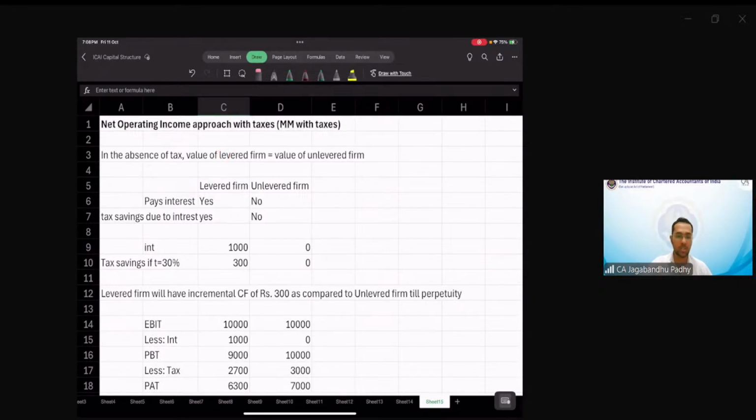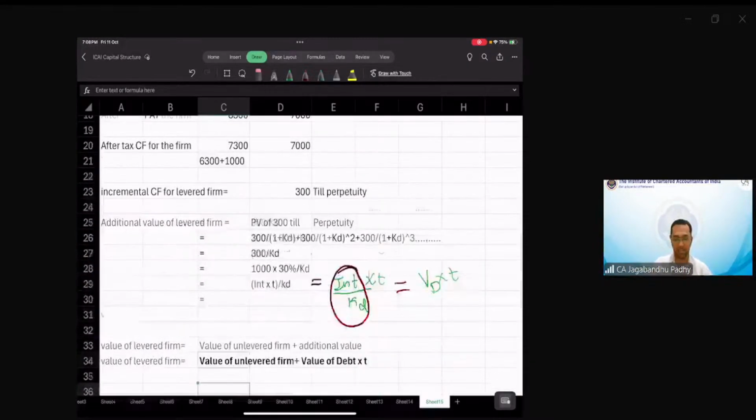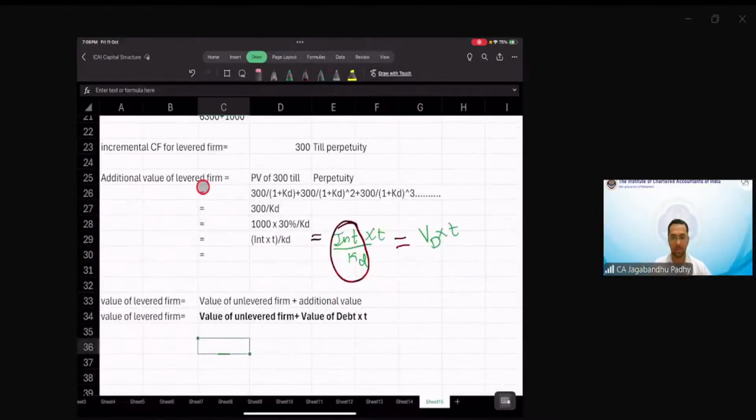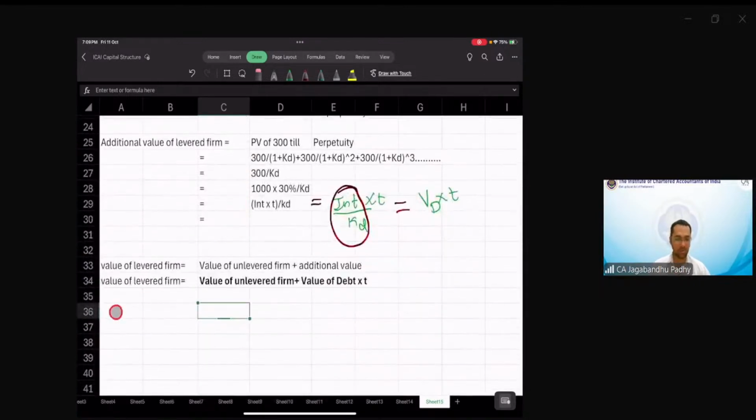But now due to the additional tax saving, you have an additional cash flow coming to you as compared to the unlevered firm. Due to that, the value of a levered firm is going to be something additional to the unlevered, and that something additional is nothing but value of debt into the tax rate.